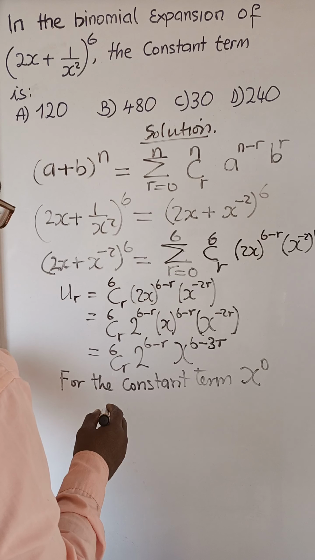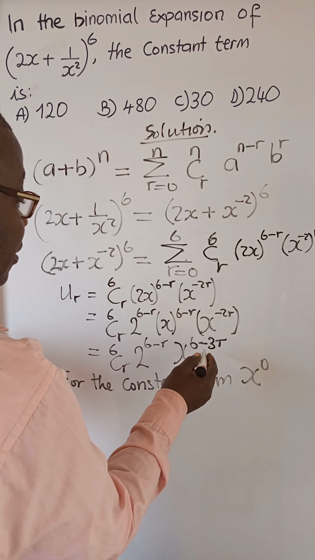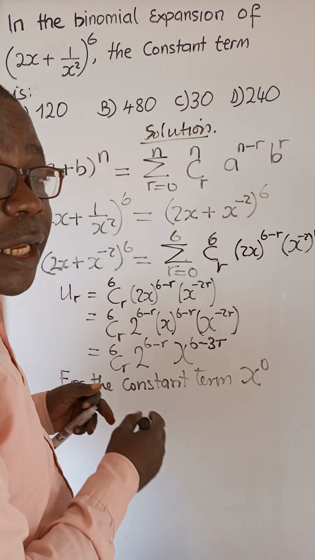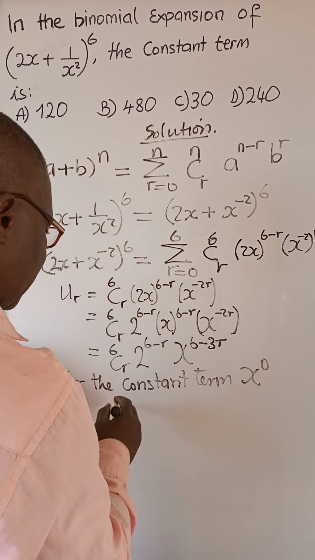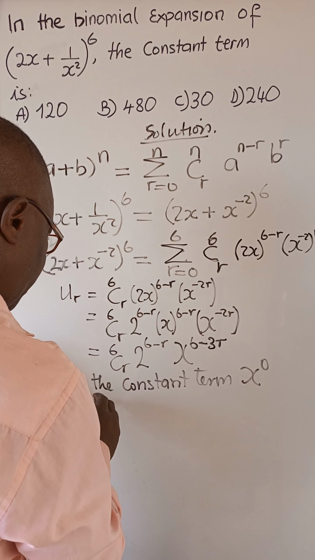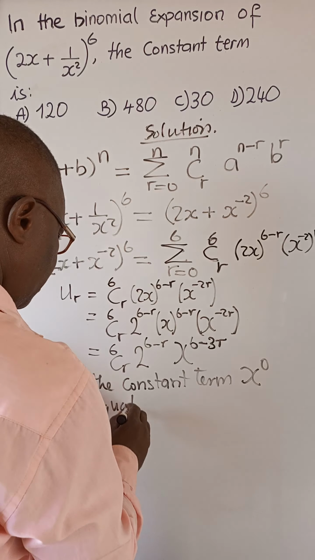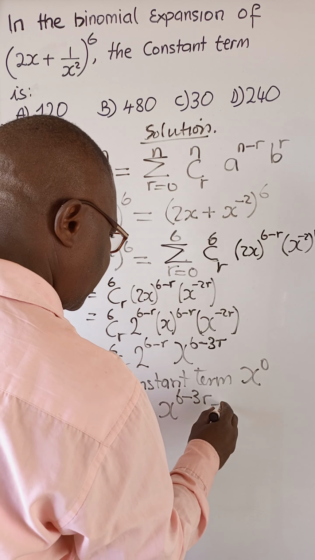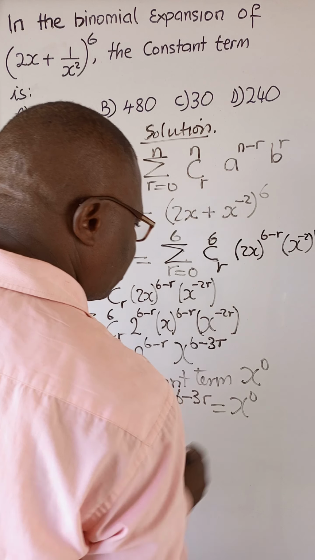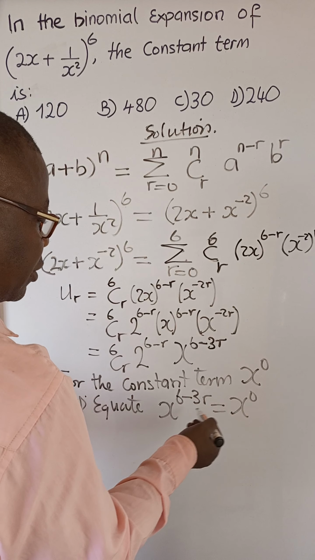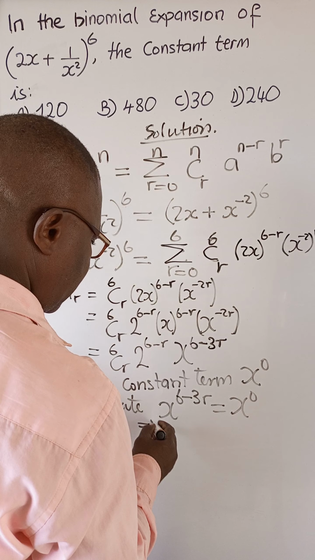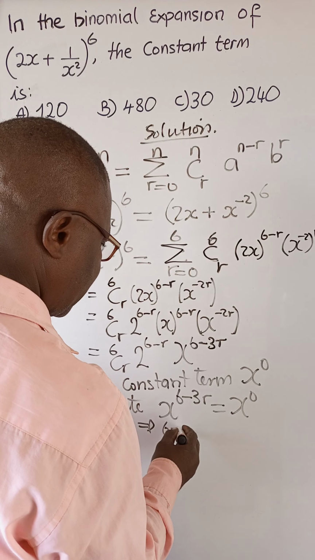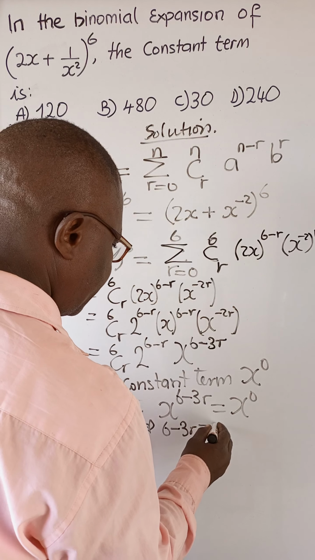So to get the r that we need to generate that constant term, we have to equate x to the 6 minus 3r to x to the power 0. This index expression equals that index expression. That can only happen if the powers are equal.